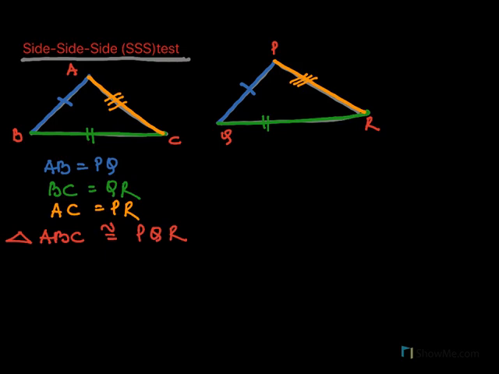If you notice here, AB was equal to PQ, then BC was equal to QR, and in the end AC equal to PR. So the order is maintained. Three sides are equal, that's why it's called side. Three sides of one equal to three sides of the other, so the triangles are congruent by SSS test.